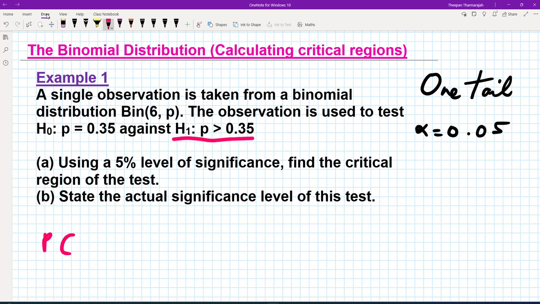So we say that the probability that x is greater than or equal to C2 must be less than or equal to 0.05.